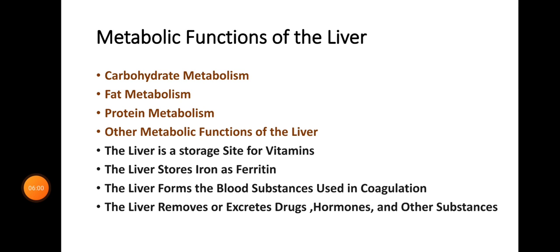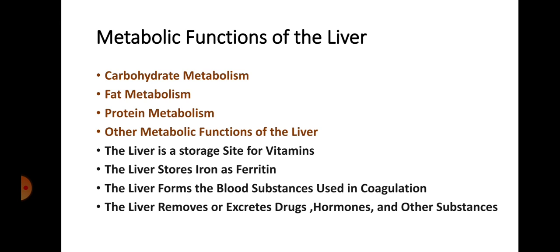The liver forms the blood substances used in coagulation. The substances formed in the liver that are used in the coagulation process include fibrinogen, prothrombin, accelerator globulin, factor 7, and several other important factors.